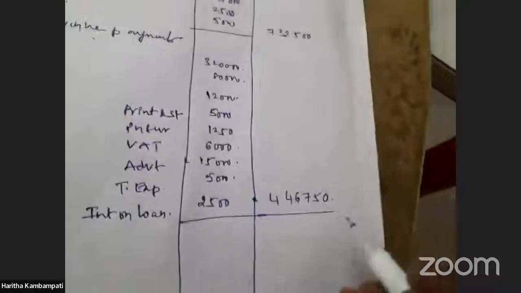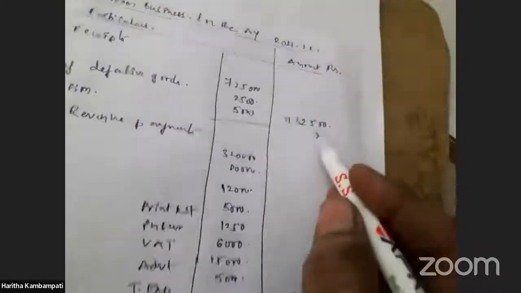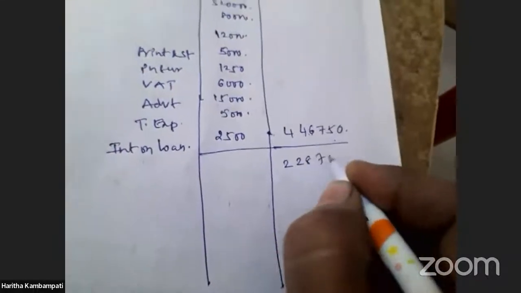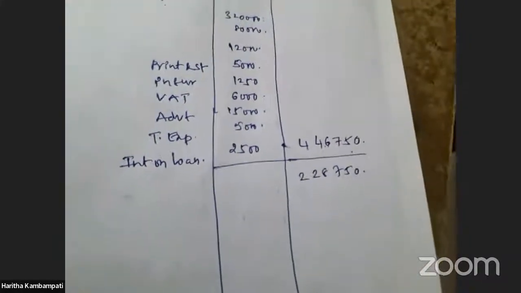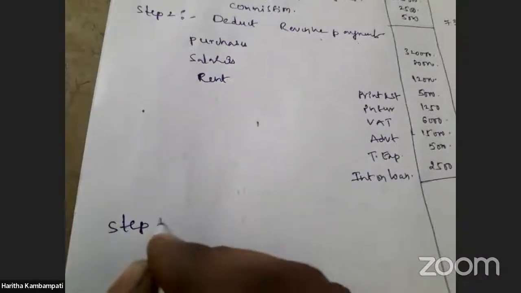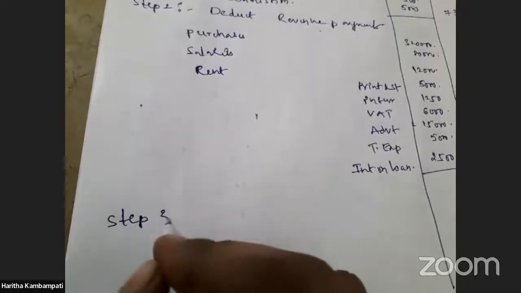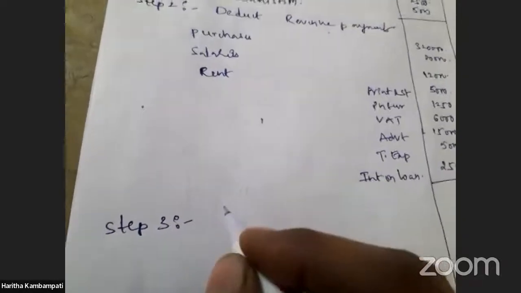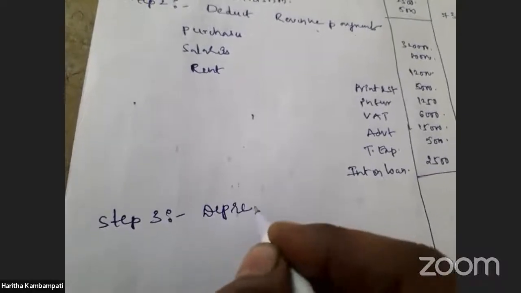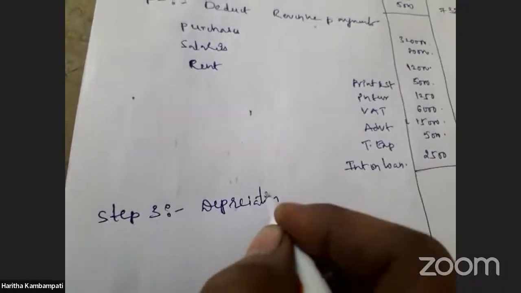If you deduct the payments from the receipts, you will arrive at some amount. From that, if any depreciation is there, you have to deduct that also.